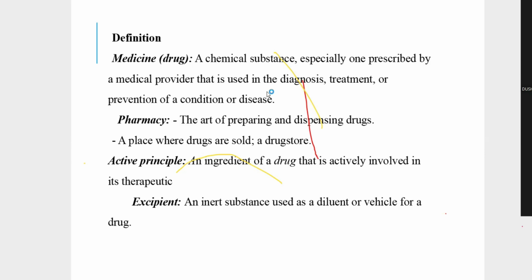This is what we call maximum level. The minimum level is to trigger the order of an item. If you reach the minimum level, this is the period where you have to make a reorder for that item.